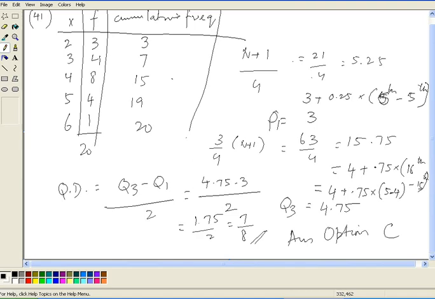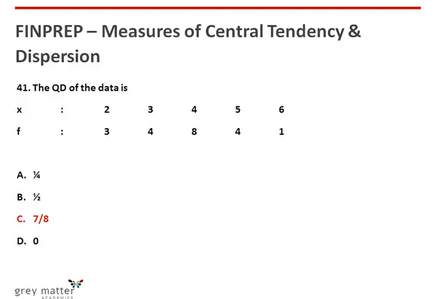So Q3 minus Q1 by 2 is the quartile deviation, which works out to 7 by 8. So it is option C. Going to our PowerPoint presentation, it is option C, which says 7 by 8.